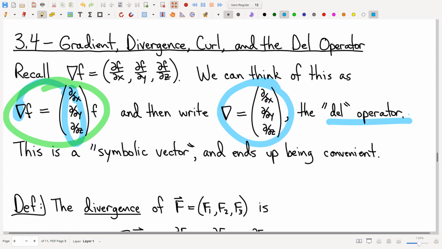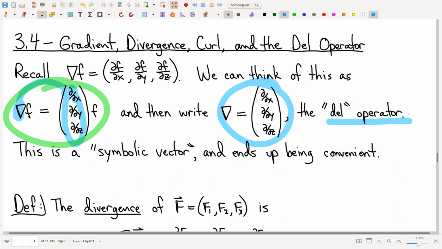The gradient is what you get when you apply the del operator to a real valued function. We're going to be doing other things with the del operator. So we can't use the same name for the operator and a certain thing that I might do with it, right? That just doesn't make any sense. So heads up, this little upside down triangle should not be referred to as gradient. It is the del operator.